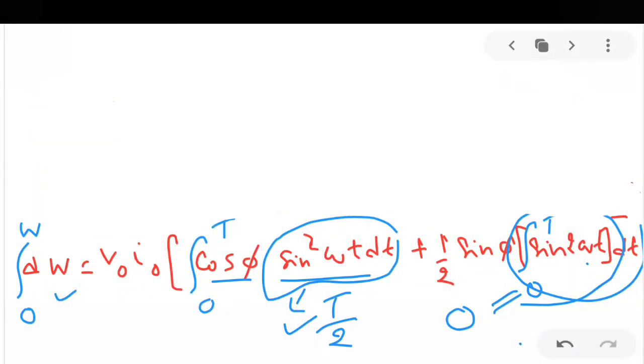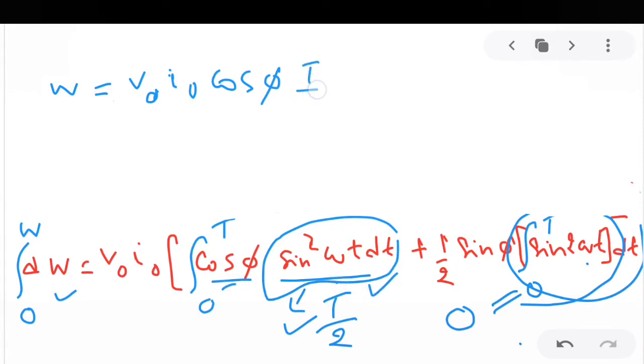Now let us further simplify it. So this becomes W is equal to V naught I naught cos phi, and this is T by 2.